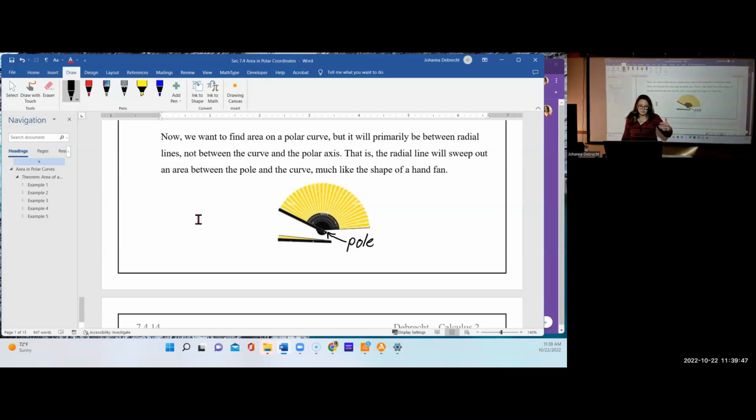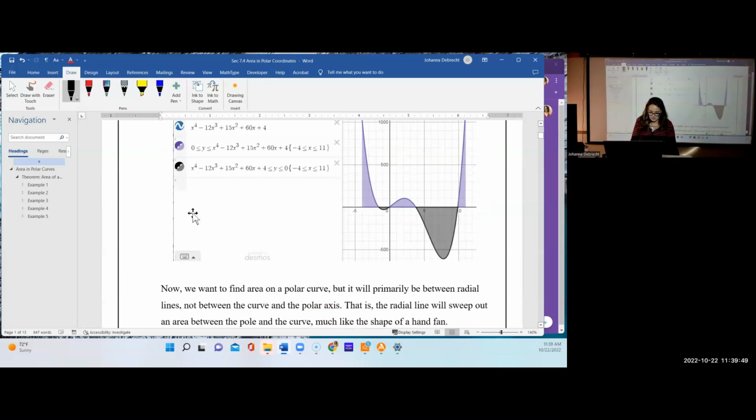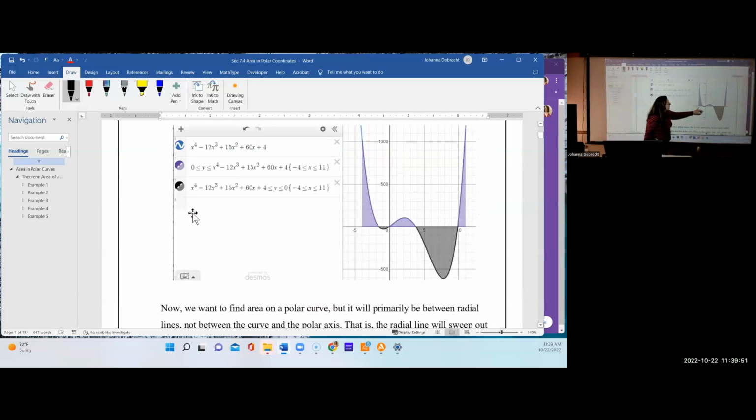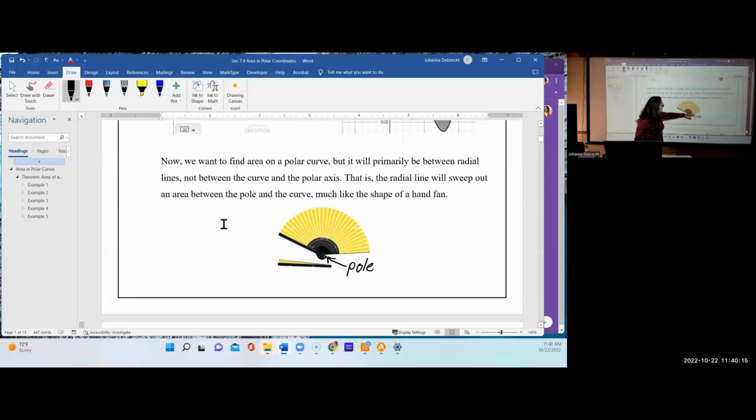So just as we integrated on the rectangular coordinate system from x equal a to x equal b, in this particular graph, I believe it goes from -4 up to 11, we're going to integrate in the polar coordinate system from theta equal alpha to theta equal beta. So between alpha and beta. And these alphas and betas are going to correspond to the angle that we have this particular picture in.